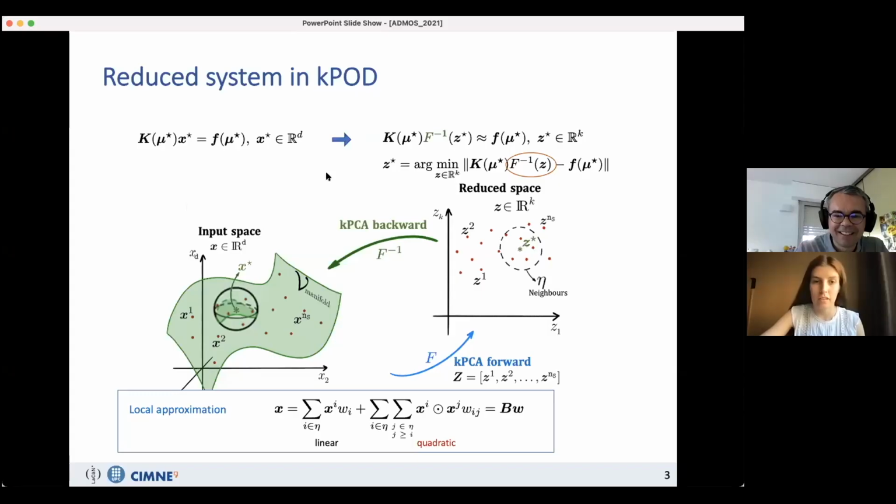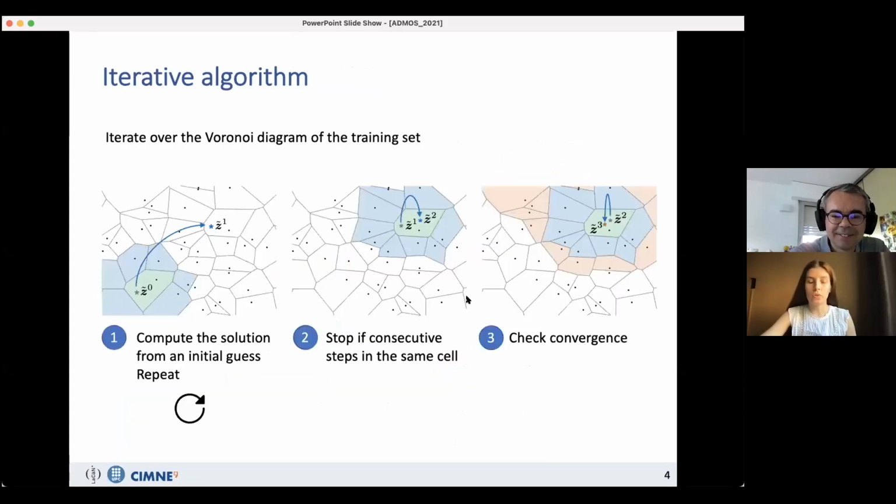In order to find the subset eta of neighbors, we use this Voronoi diagram of the training set. So we have our training set in the reduced space. These black dots are the snapshots in the reduced space. And then we build a Voronoi diagram for these points in the reduced space.